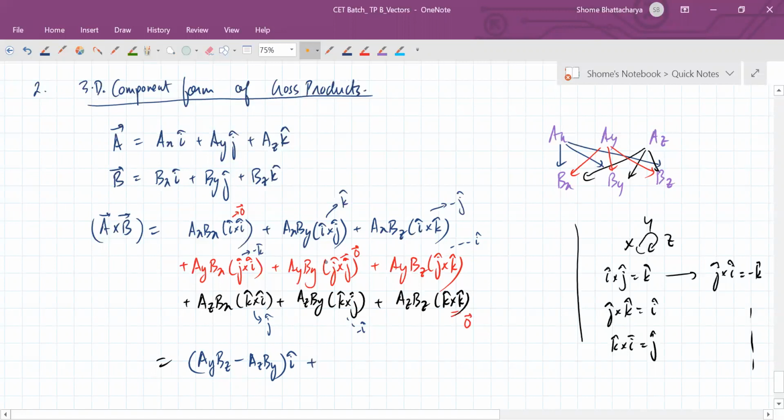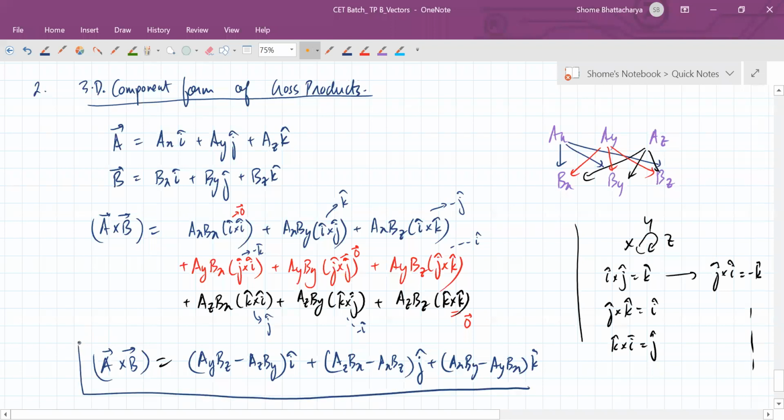Plus, similarly, when you take the j cap term, it is az bx minus ax bz, j cap, plus the k cap term will be like this. So this is a very complicated formula to remember directly, so we don't make use of this formula directly. Instead, this formula is also written in the determinant form. So just make a note of this first, then we'll discuss the formula in determinant form.